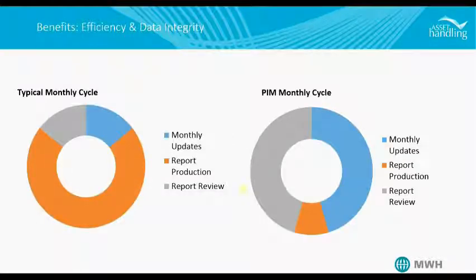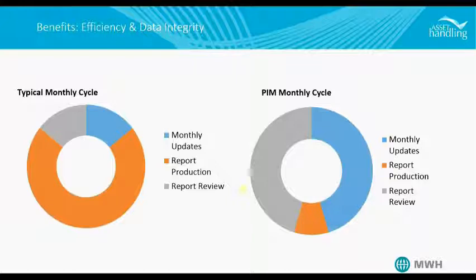So typically a monthly life cycle of the project update on the left-hand side, lots of intensive time producing the reports, not taking much input going into those because of the effort required to write the outputs, and then you've got that short review period.